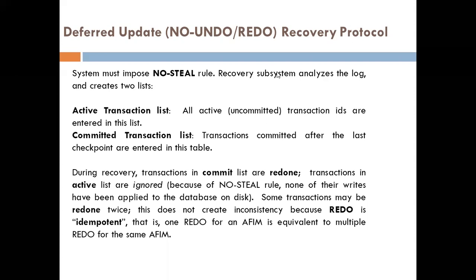During the recovery phase, transactions in the committed list are redone and the transactions in the active list are ignored, because in the no steal rule, none of their writes have been applied to the database disk. So there is no need to do anything about that particular list.